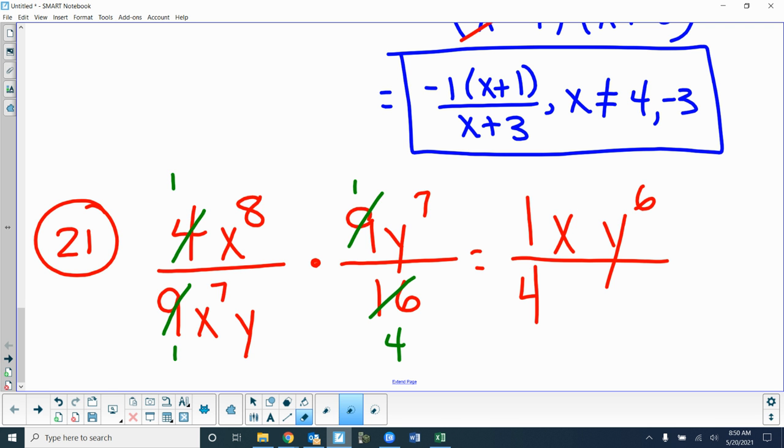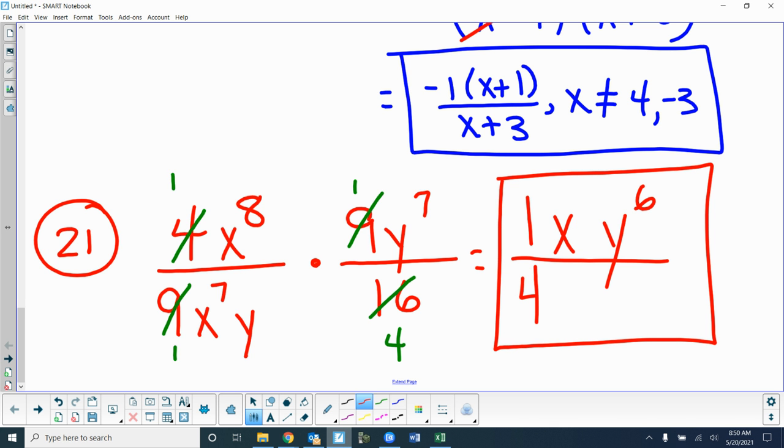So just x to the first. You can put the 1, we usually don't, right? So, it says, assume that all expressions are defined, so I don't have to do any restrictions. Any questions on 21? That wasn't too bad. Okay.